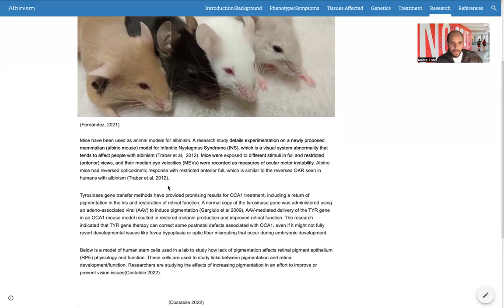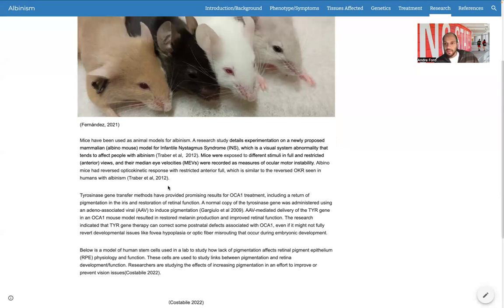Now, as far as moving forward with treatments, they've tried to do a tyrosinase gene transfer specifically for the OCA1 affected individuals, as seen with the other slide with the genetic mechanisms.